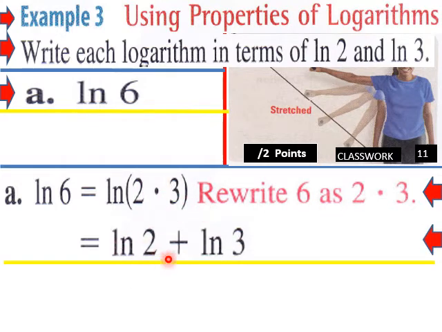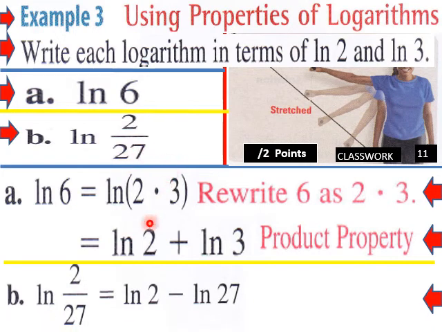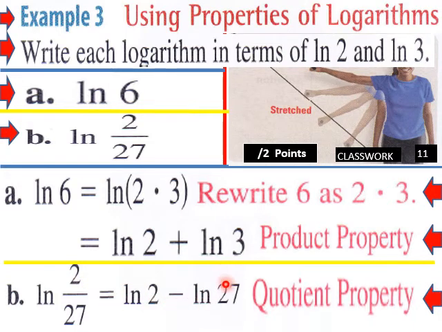So natural log 2 plus natural log 3 is the same thing as natural log 6, by using our product property of logarithms. Now part B, natural log of 2 over 27. Now we subtract: natural log 2 minus natural log 27. That's our quotient property of logarithms.